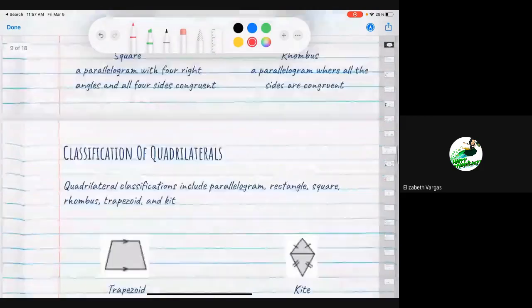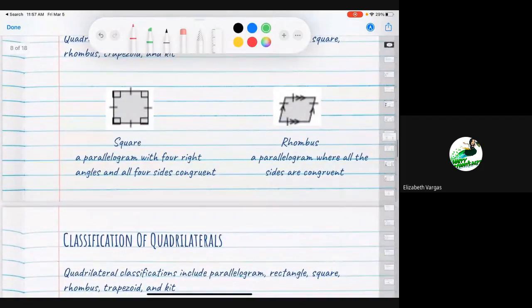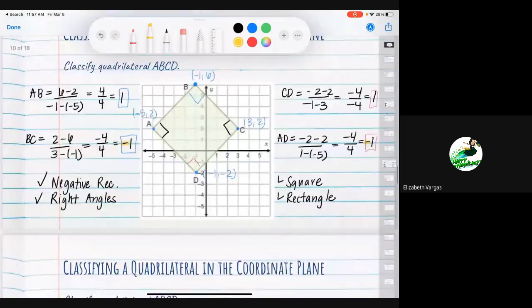Then we can see here, we have 4 right angles and all 4 sides are congruent. Well, then we have a square. And so that would be a square.